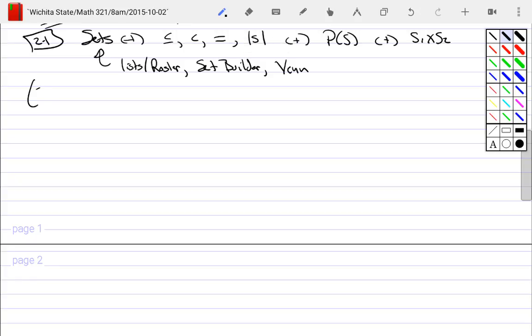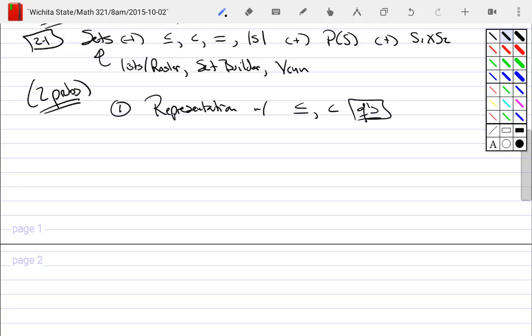For this section, we'll have 2 problems. The first one will be a combination of representation with questions about, say, subset and proper subset. It'd be something like this.